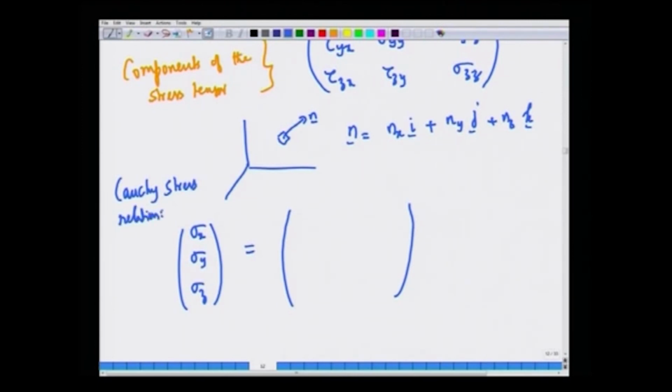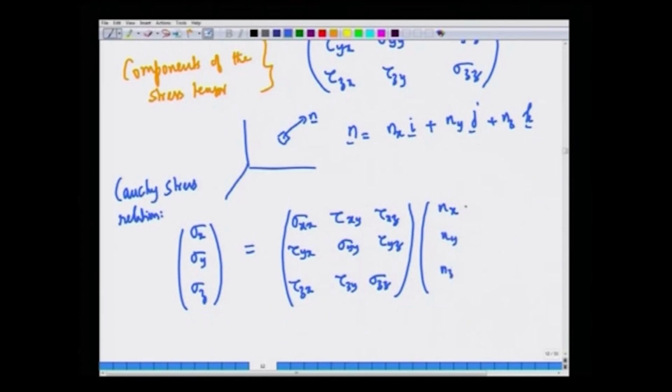which we will not prove. It turns out that one can show that you can relate the stress on an arbitrary plane with an arbitrary orientation at a given point to the components of the stress tensor, which tell you about the forces that act on well defined coordinate directions, through a simple matrix multiplication.